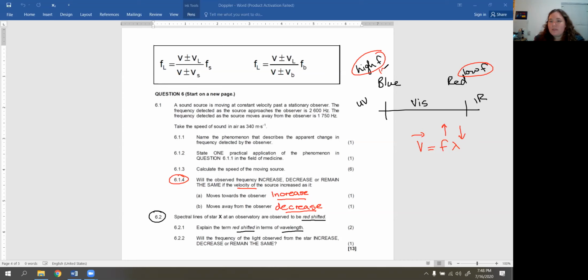Low frequency, we must remember that it's a high wavelength. If we are redshifted, we shift towards the red. So I would say that the redshifted in terms of wavelength means the apparent wavelength is higher than the true wavelength.